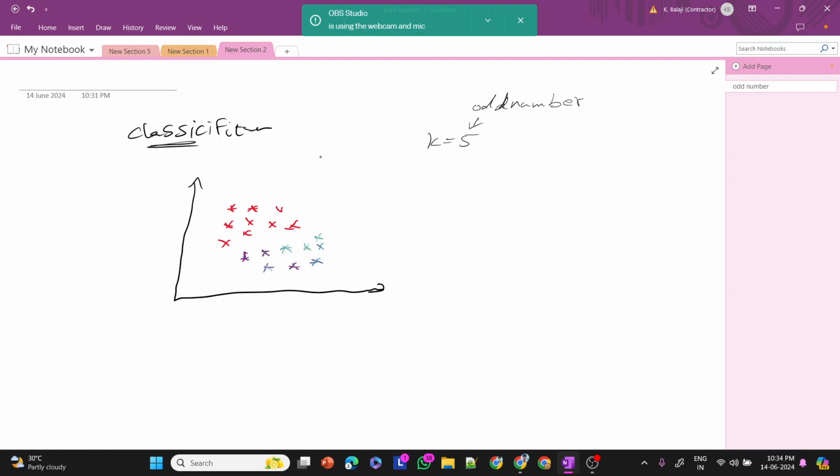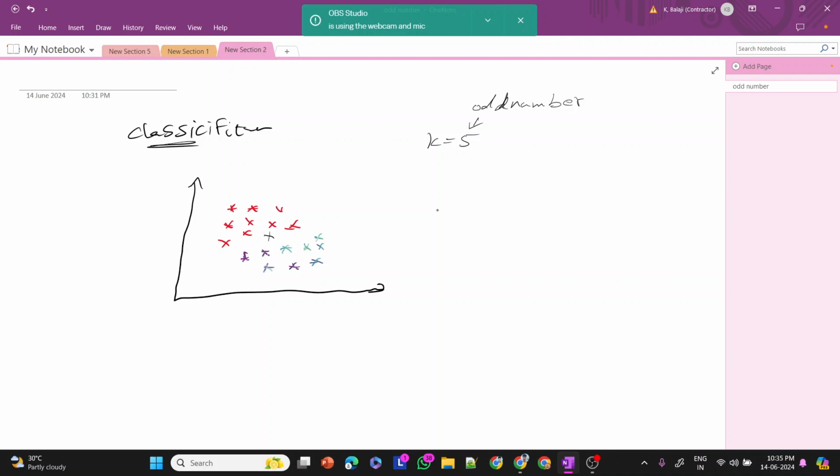Okay, let's take a point. For example, we have a point present here, but we do not know whether this point belongs to this group or this group. By using this KNN algorithm, we can find whether this new point belongs to this category or this category. In the KNN algorithm, it will find the distance to the nearest points.